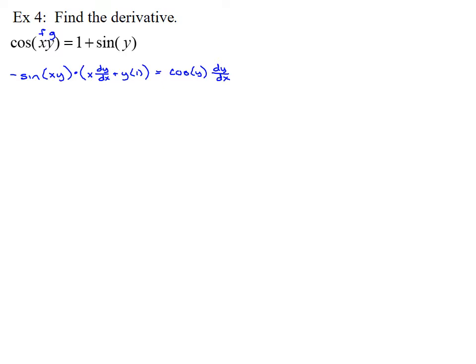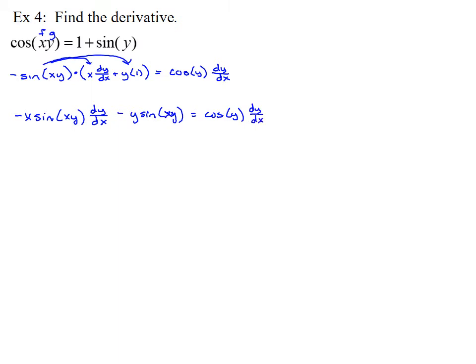All right, so cleaning this up a little bit, I'm going to take this negative sine function and multiply it by both terms inside the parentheses. That's going to give me a negative x sine of xy dy dx. Oops, don't freeze, there we go. All right, minus a y sine of xy. Sorry for the bad handwriting, everybody. This is equal to the cosine of y dy dx.